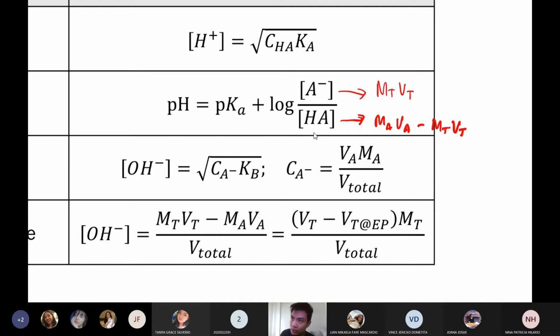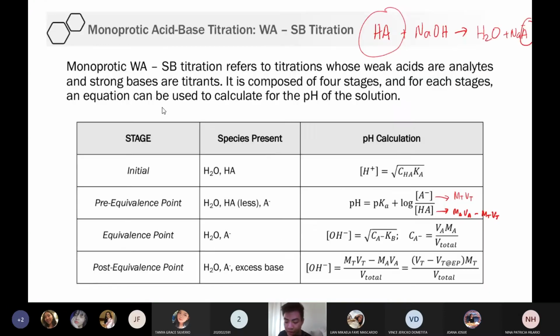To simplify your equation. Hopefully, clear tayo kung saan nanggaling to at paano nakuha to. Kasi nababawasan to. Ito naman, dumadami because of the addition of titrant. So, that is our pre-equivalence point equation.